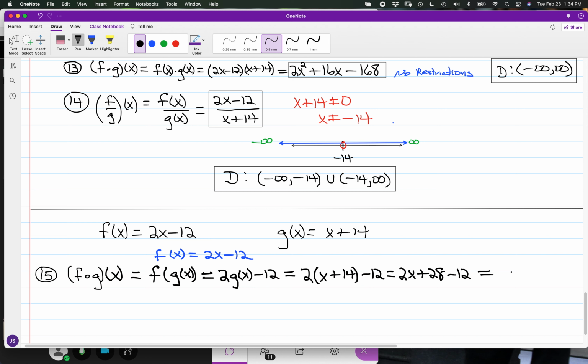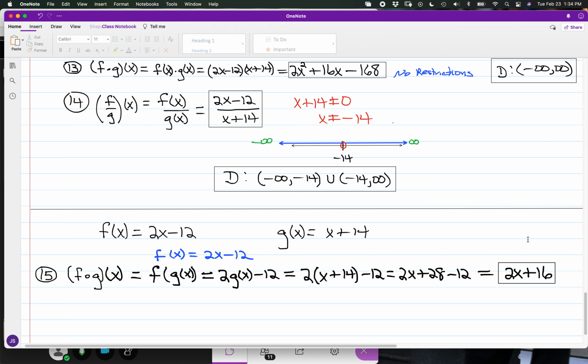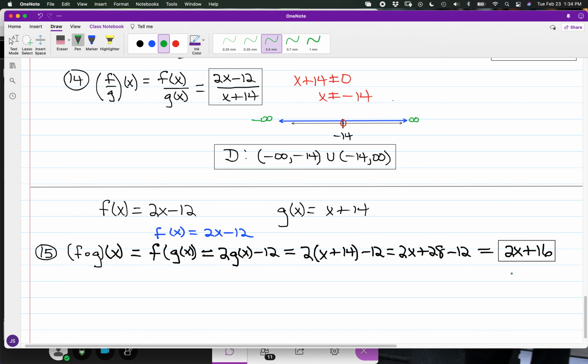And the resulting composition is going to be at 2x plus 16. Okay. So that'll be the final output here. And again, where the domains, or say the restrictions, okay, for the input and output are concerned. So we have with the input function, again, that was g of x.